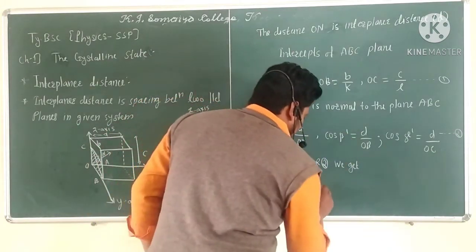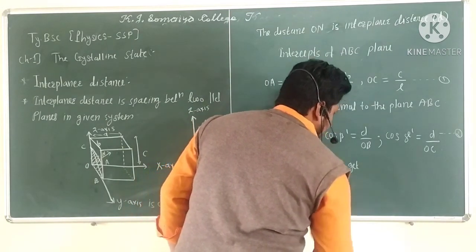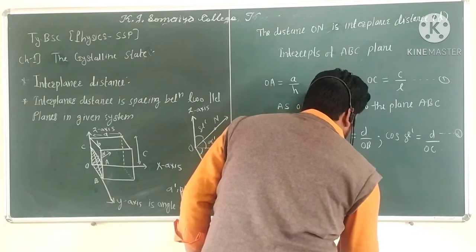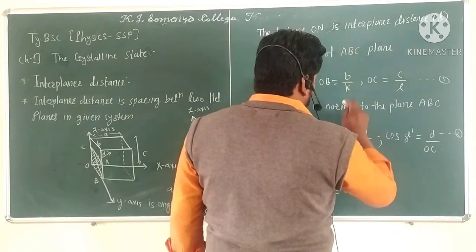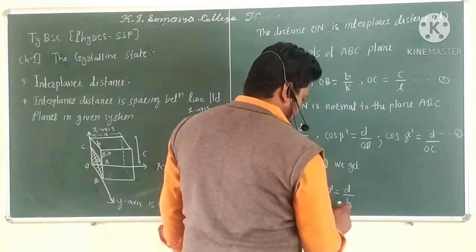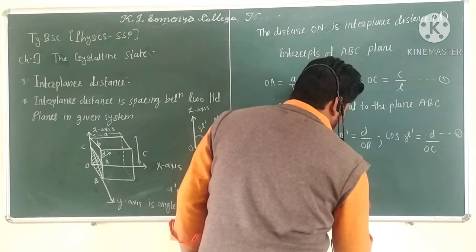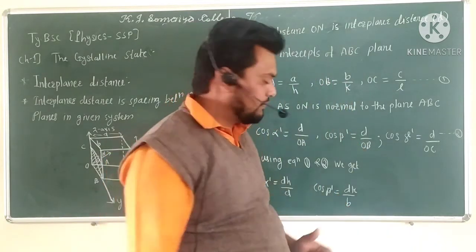Similarly, consider cos beta prime, which is d by distance OB, equal to b upon k, so that b is coming from the denominator side and this k goes to the upside, so that it is dk upon b.